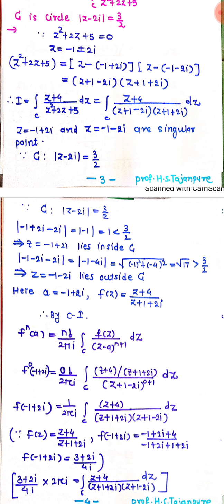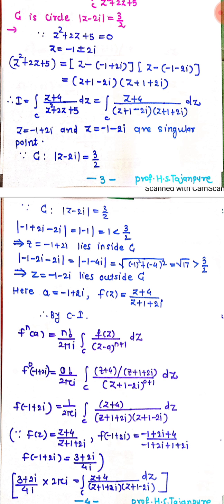Then calculate f of -1 + 2i, which will be (3 + 2i) upon 4i. Substitute that in the equation. So we will get (3 + 2i) upon 4i times 2πi, which will be the answer of the given integration.